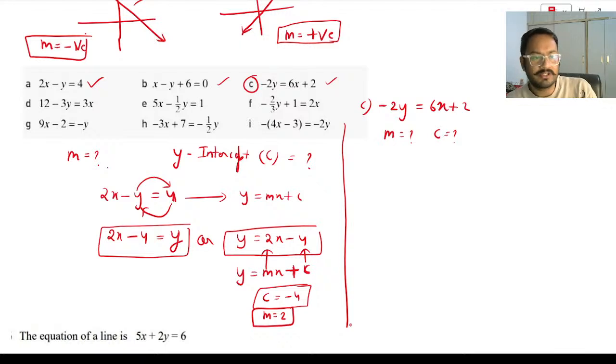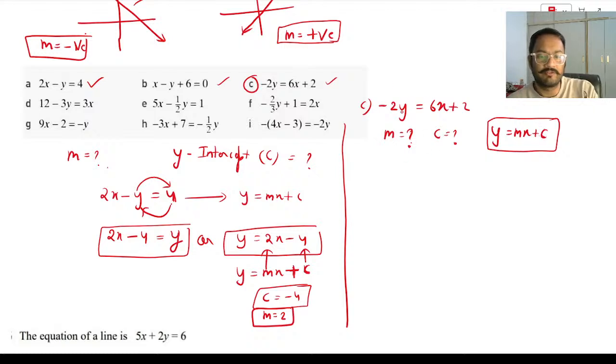So here the question is, you need to find the y-intercept and gradient. So just give it a try. You need to reshuffle it and make it in the form of y equal to mx plus c, so that we can get the correct answer of m and c. So you need to just shuffle it to get a correct answer. I'm giving you time.